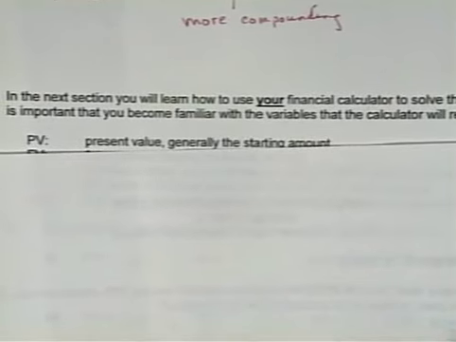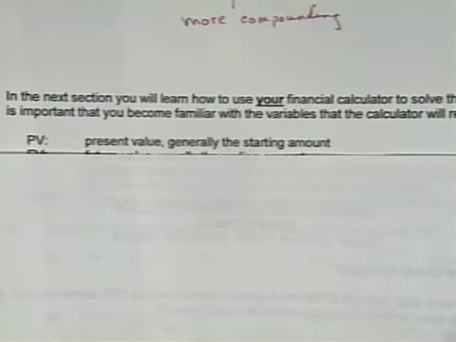PV, and it stands for present value. Generally, in every problem that we deal with, that's going to be the starting amount. Is that all right? For example, when we were dealing with Matt, the starting amount was $1,000. Does that make sense? Okay.